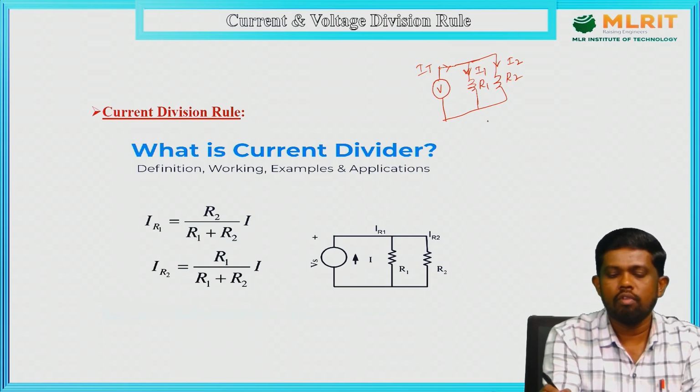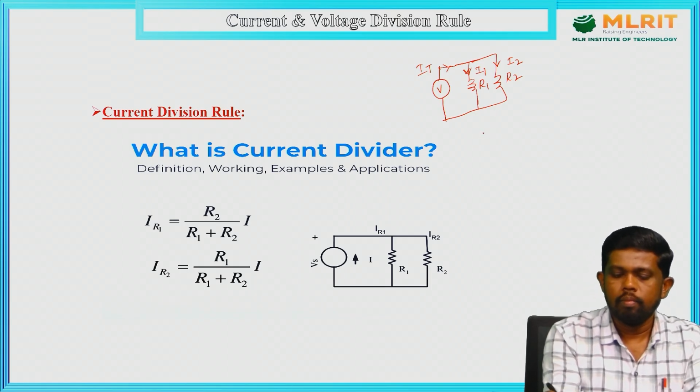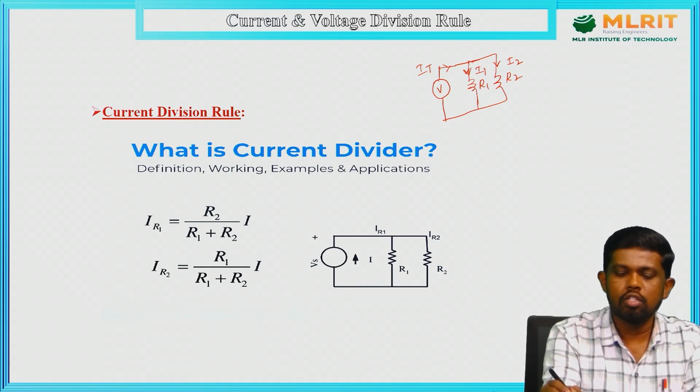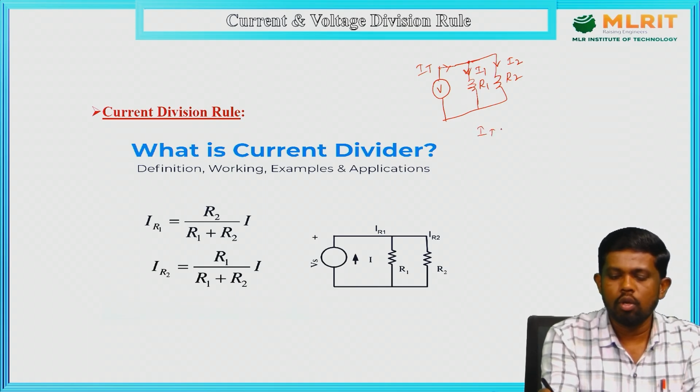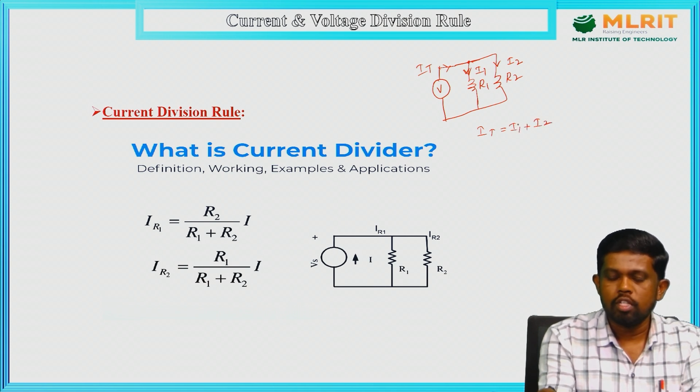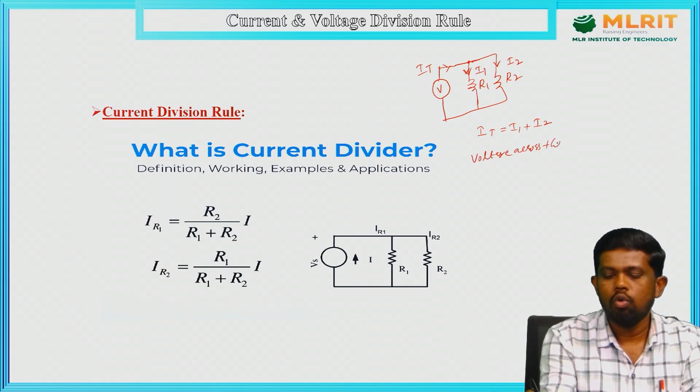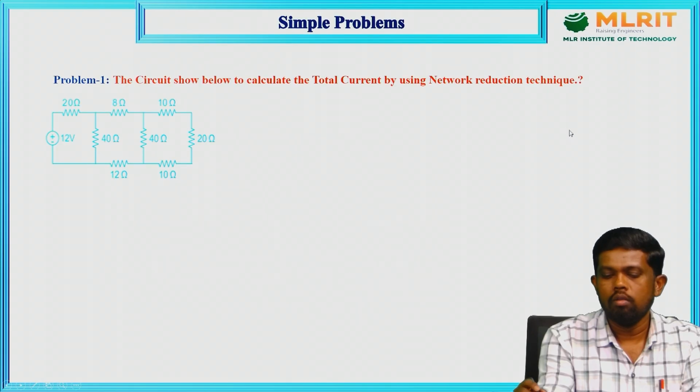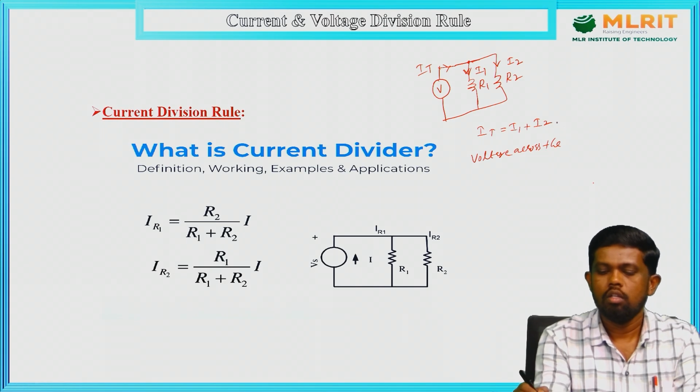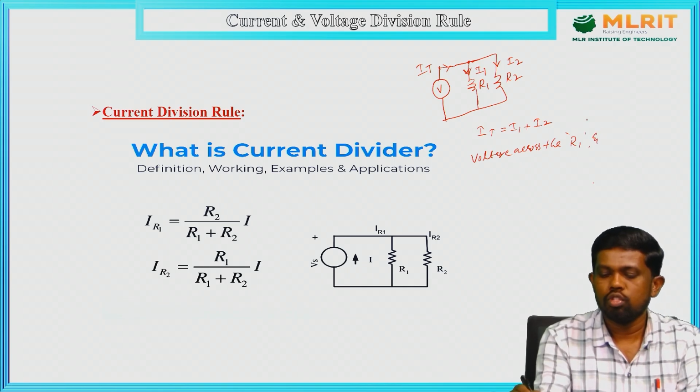First of all, we need to find the total current of the circuit. We apply KCL at this node, so that I total equals I1 plus I2. This is equation number 1. Whatever voltage is given by the source is the same across each element, so the voltage across R1 is the same as the total voltage, and the voltages across R1 and R2 are equal.